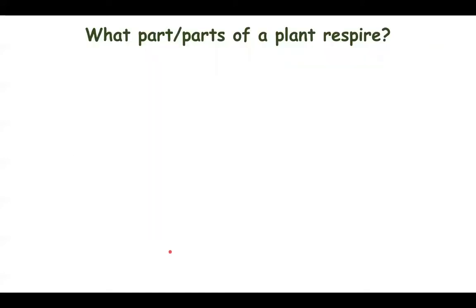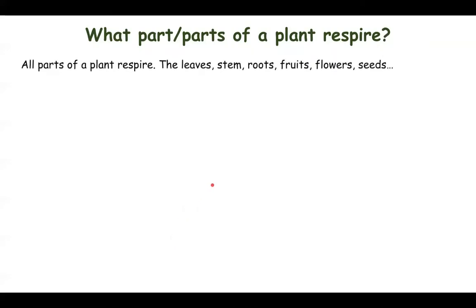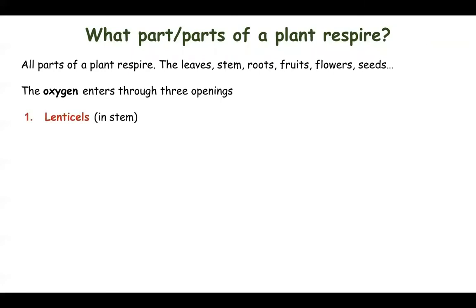Now you might wonder what part of a plant respires. Actually, every plant part respires, whether it's the leaves, the stem, the roots, the fruits, the flowers, the seeds, any plant part. There are basically three structures, three openings through which the oxygen enters the plant. The oxygen can enter by lenticels, which are present on the stem.